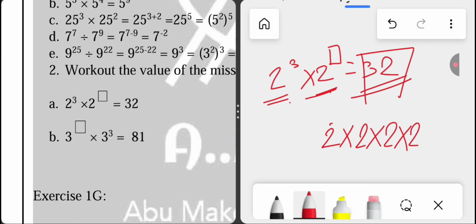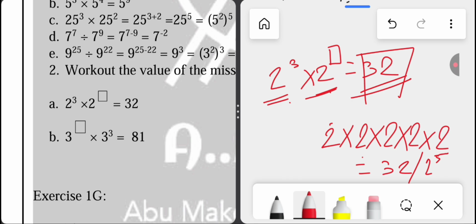2 into 2 is 4, 4 into 2 is 8, 8 into 2 is 16, and 16 into 2 is 32, which means that I have to multiply 2 5 times to get 32, right? 1 2 3 4 5.